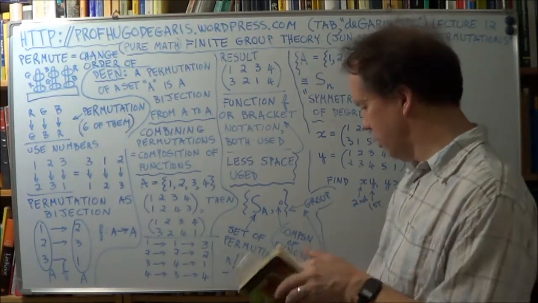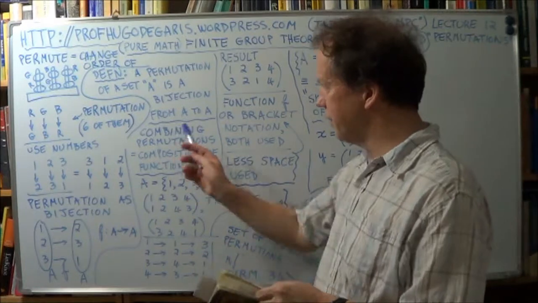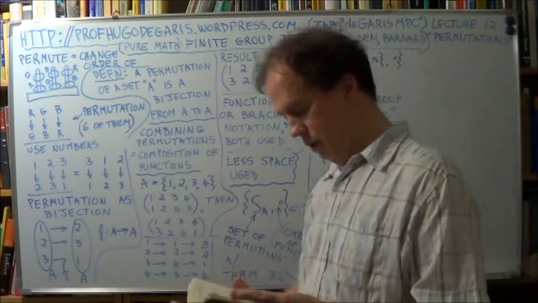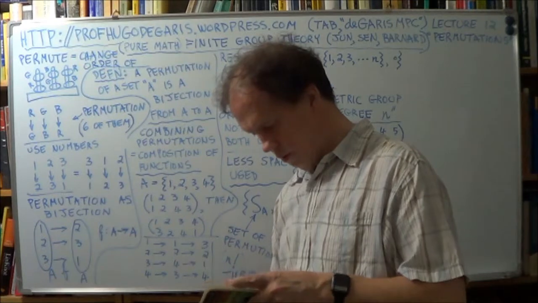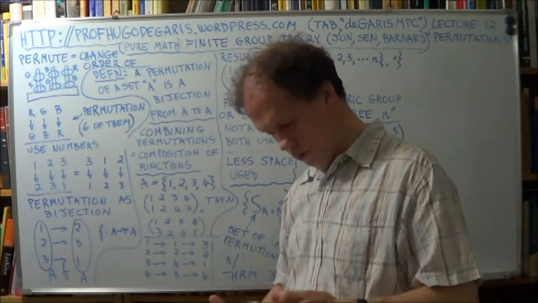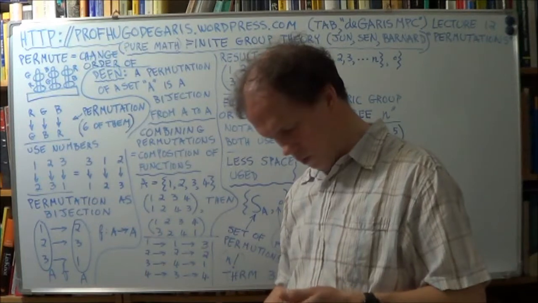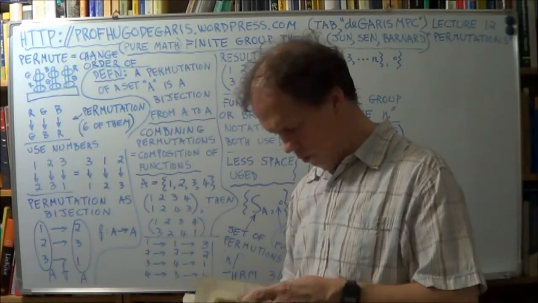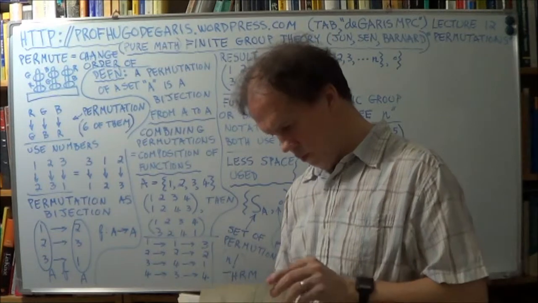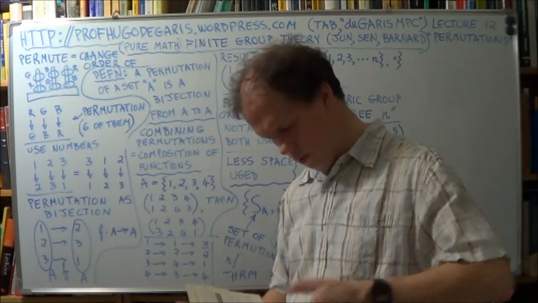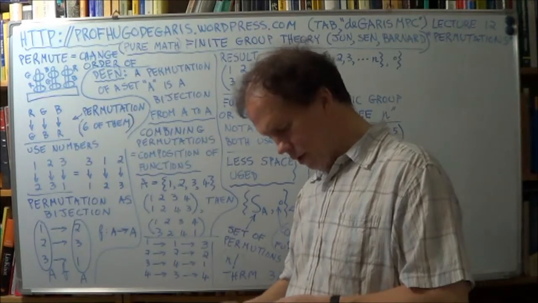Now, theorem 34. I'll read it out because we don't have to go through all the rigmarole of proving that the set of permutations... Page 86 in your textbook, and I'll just read it out.